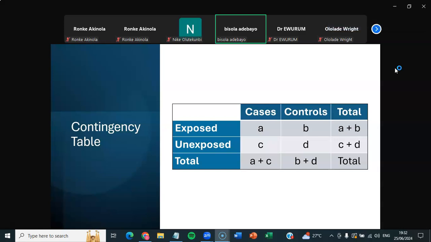I want to break it down. Everybody knows the odds ratio is AD over BC, but many times it can be confusing. If we know how we arrive at it, then it's easy to always recall.